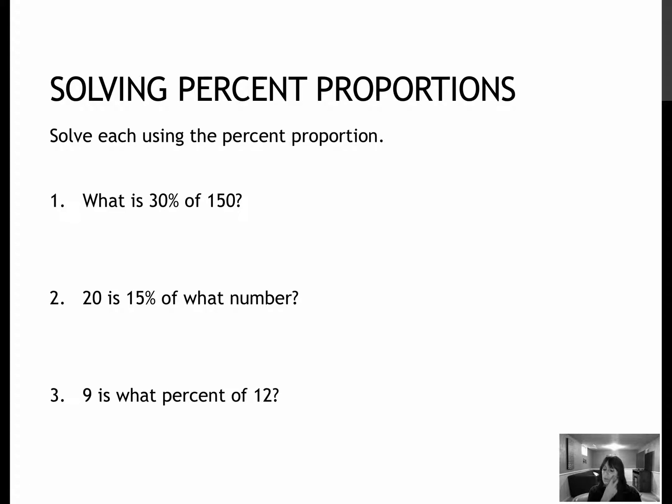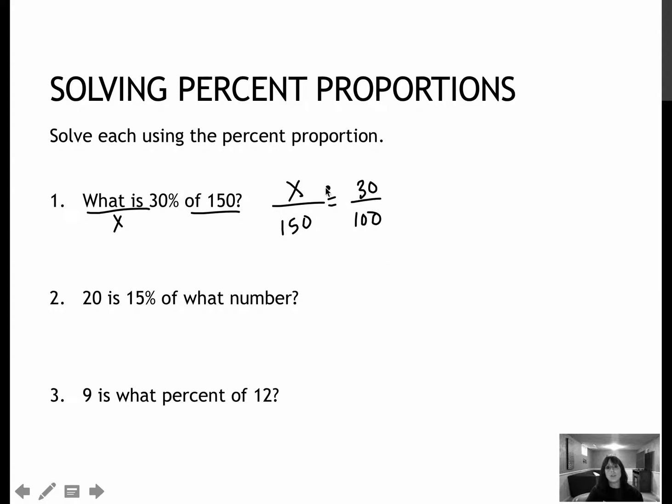Here are 3 for us to try. Again, each time, same proportion, is over of, percent over 100. So what is, that's my x. What is would be the x on top, 30%, always percent over 100, of 150. This is the way I'm going to set it up to start with.